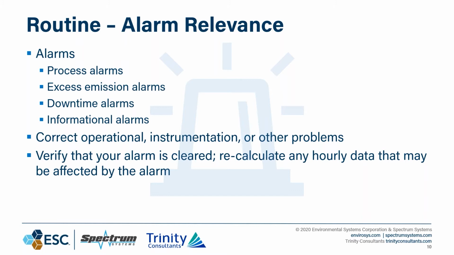DOS can be programmed to do a yellow, an orange, a red, and have different stages to say, if I don't take action right now in this operational environment, I could have an exceedance in the hour or a rolling average, if that's what you're trying to comply with. So alarms can be set up in any kind of combination. Make them work for you and for your operators, so they can see the information in real time and make the decisions they need to back off prior to an excess emission happening.